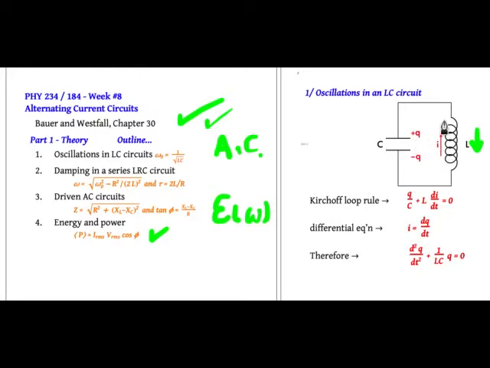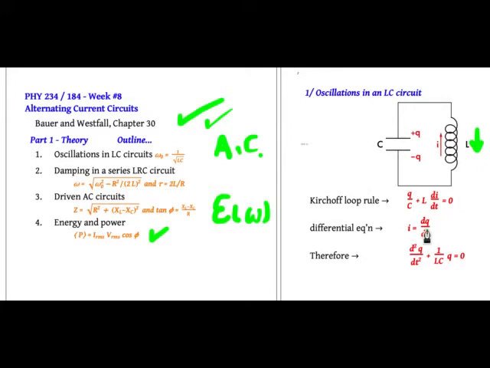So the amount of charge per unit time approaching the positive plate of the capacitor is I. So dq dt is equal to I. And similarly over here, the current is in this direction, so if I is positive, there's positive charge leaving the negative plate, so the current will be dq dt.